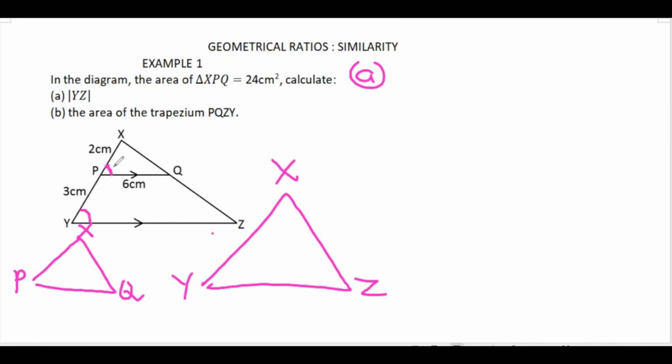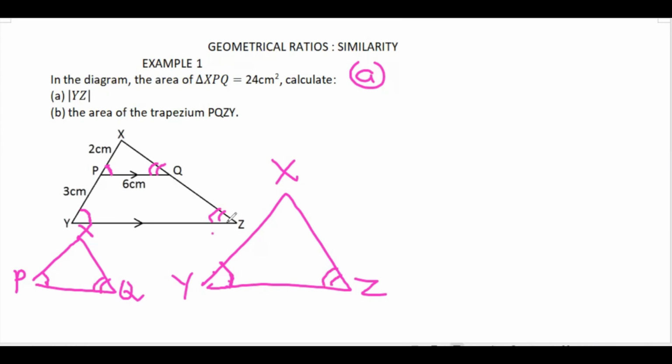That means the angle at P here equals the angle at Y here. And also, angle at Q is corresponding to angle at Z. So the one here equals the one here, meaning that this one equals the one here.